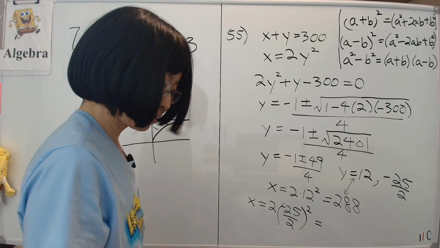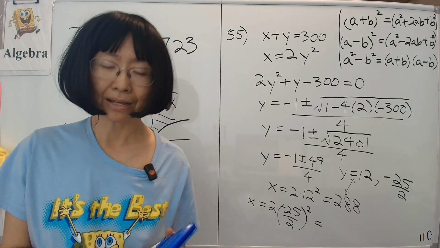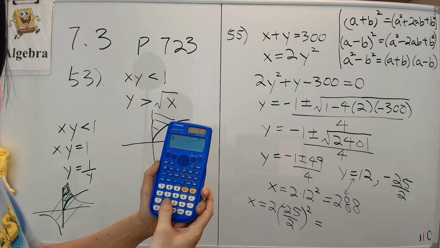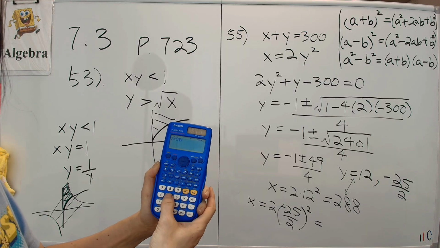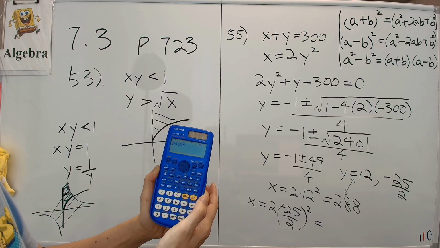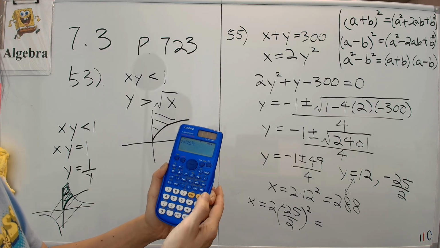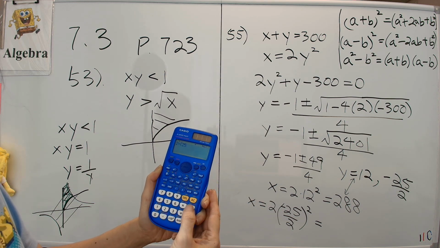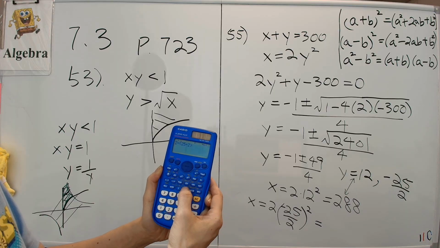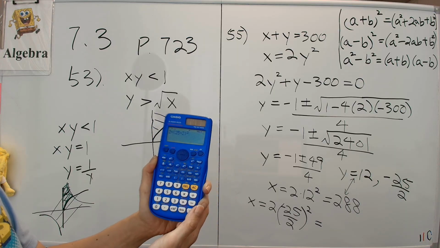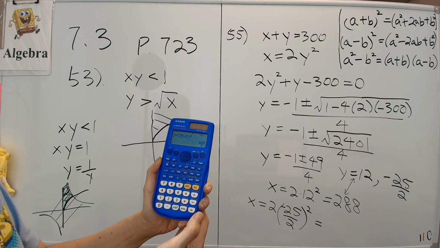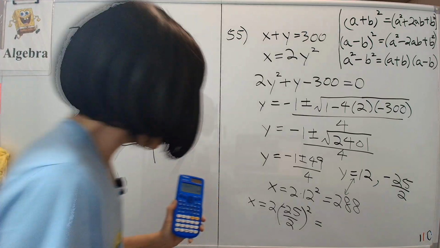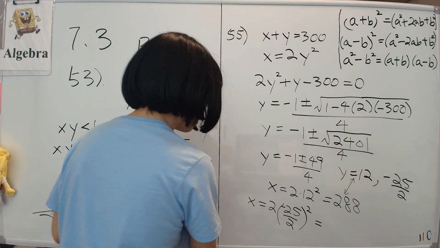Let's just multiply it. Being that we're squaring it, we don't care about the negative sign. So we'll do 2 times 25 divided by 2, and then squared. That's better. And 2 times, yeah, okay, that would be equal to 625 over 2. Okay, that looks about right. So x will be 625 over 2.